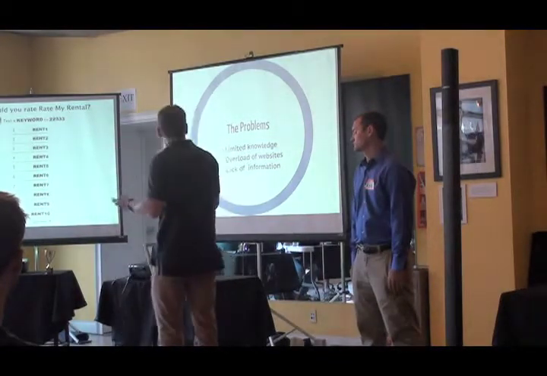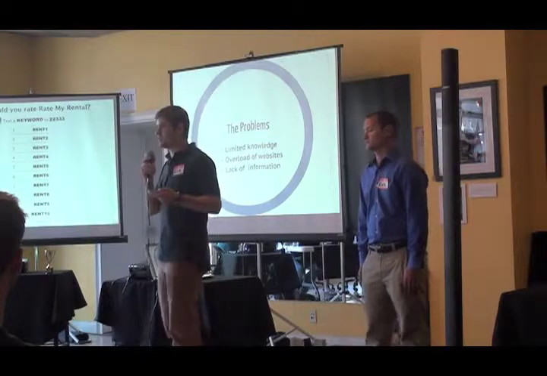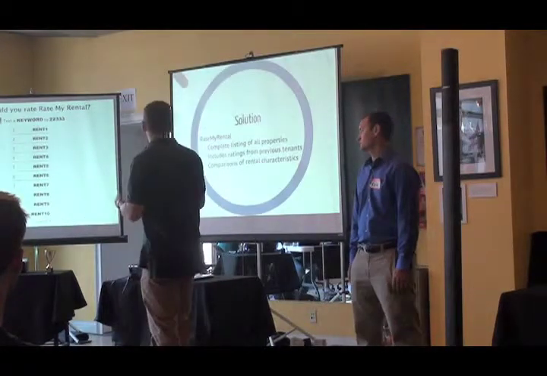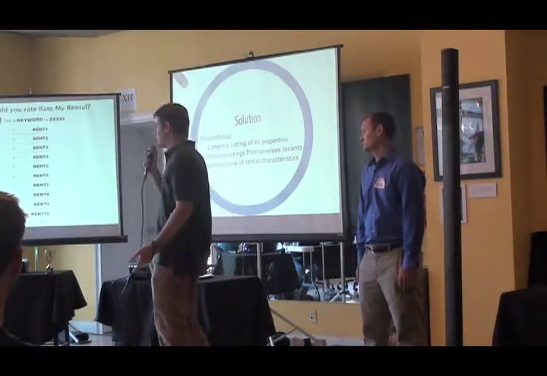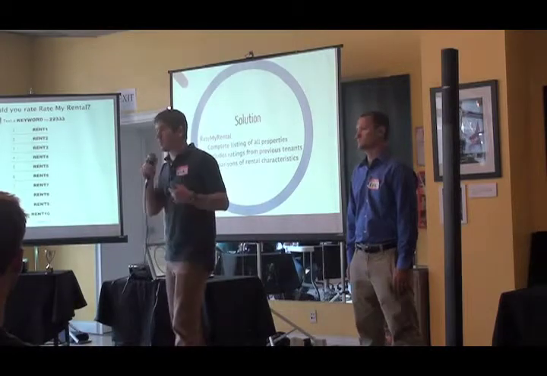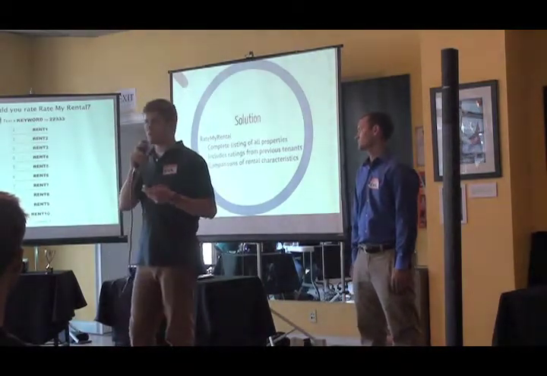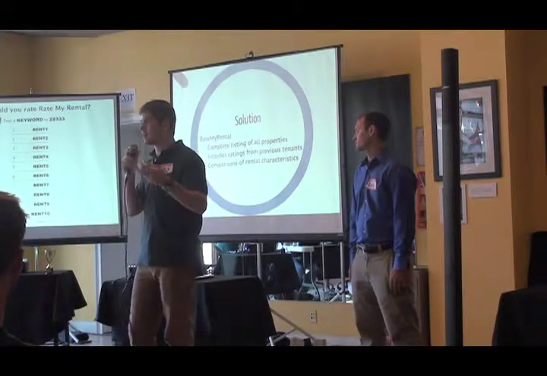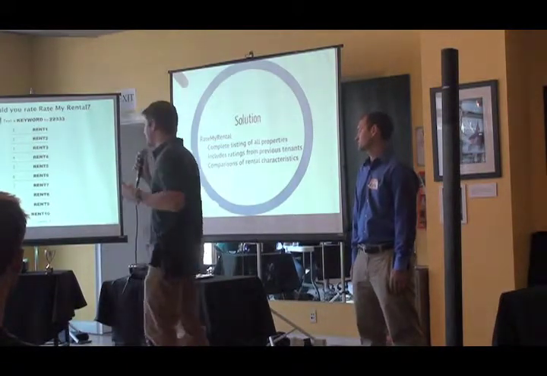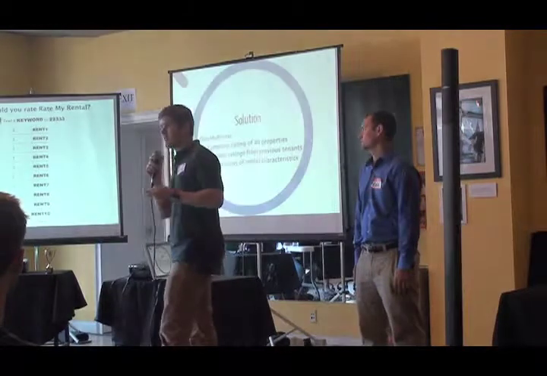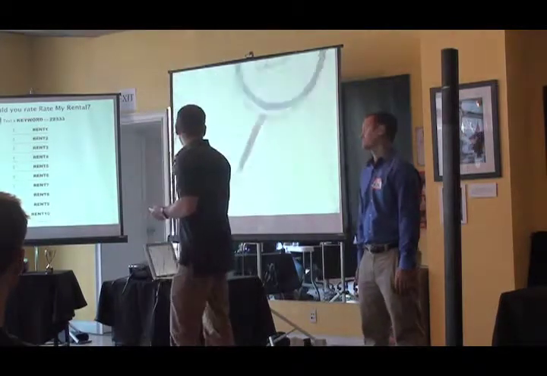So these are all problems that students face when they're looking for a place to live around campus, which leads us to our solution, which is Rate My Rental. Our solution is that we're going to compile a complete listing of all rental properties in a given campus area, which gets rid of the inconvenience of having to search multiple sites.